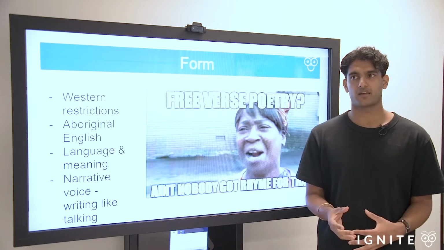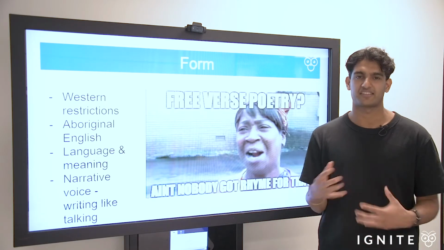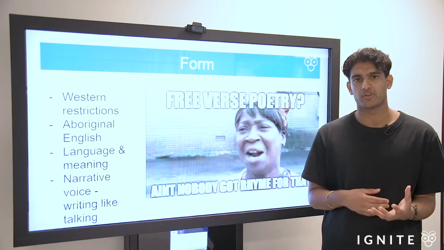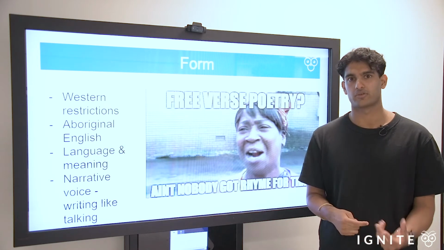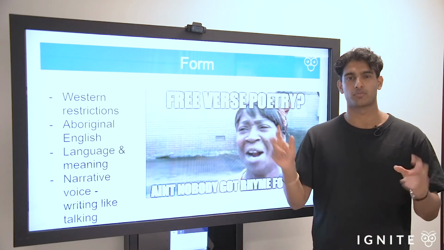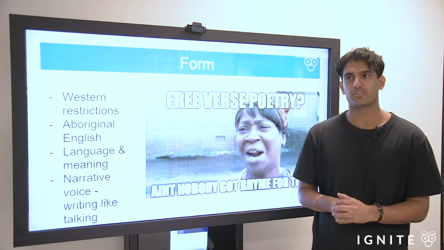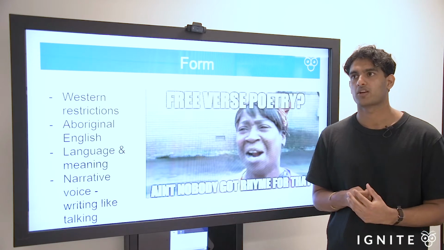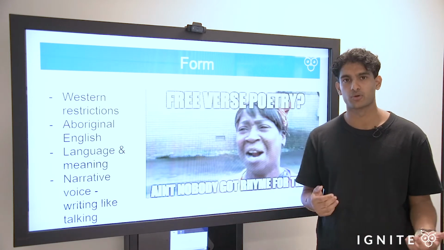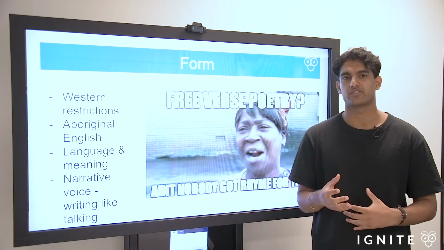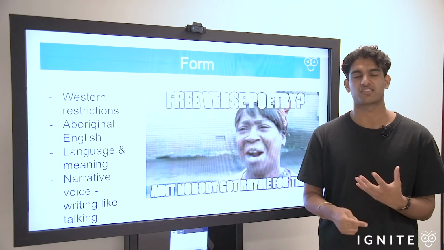Now the purpose of this is to free herself as an Aboriginal person from the imposed restrictions that colonial literature places on what is deemed to be good poetry. Now, if you're thinking about putting that into your essay, you would think about how Eckermann's poetry is a reaction to the poetry that is supposed to be deemed as good and successful.